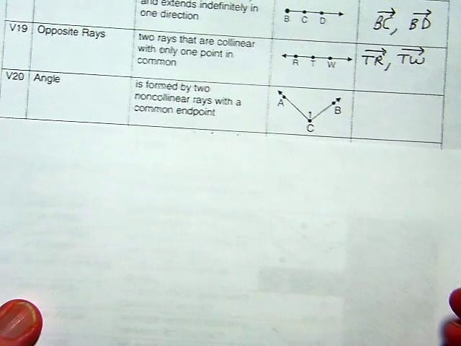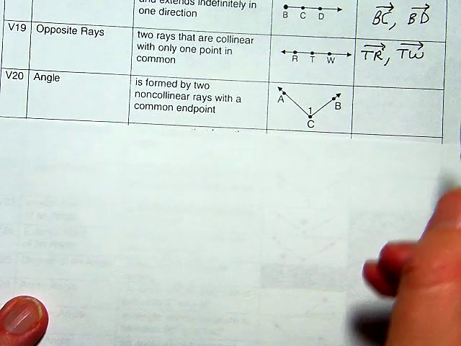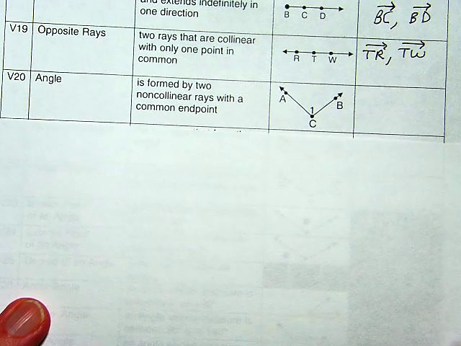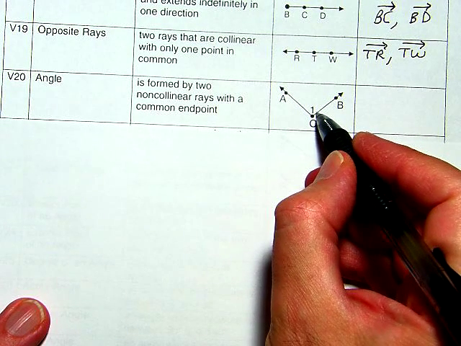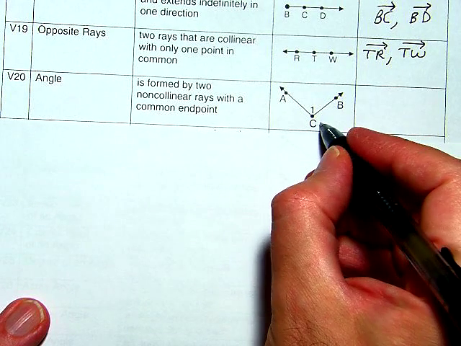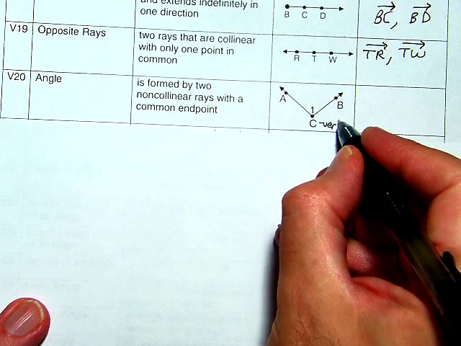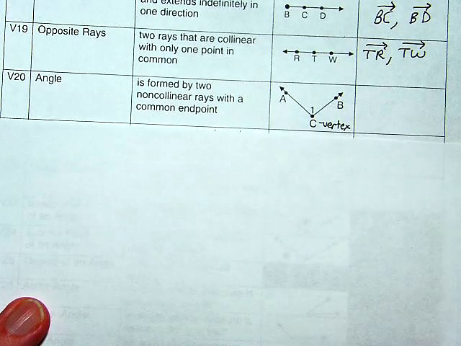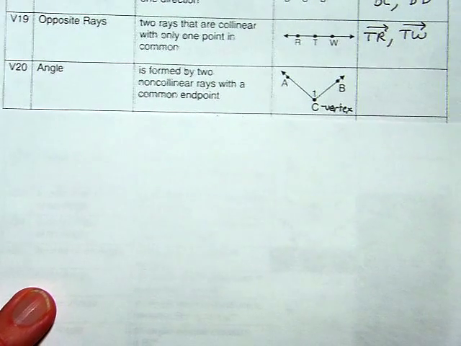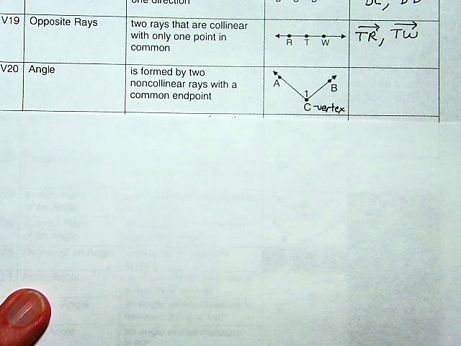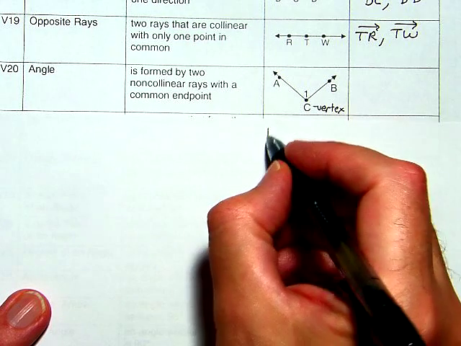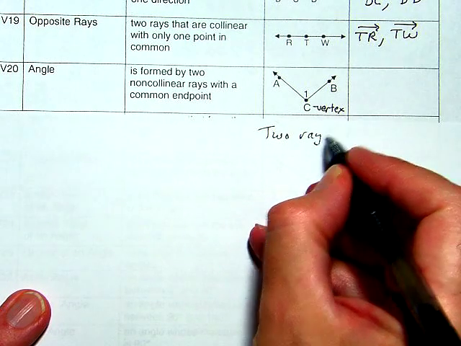So what are these two rays? Well, first of all, what is the endpoint? The endpoint is C. This is also called the vertex of an angle. We're going to see that word in a few moments, but just be introduced to that concept now, the vertex of the angle.